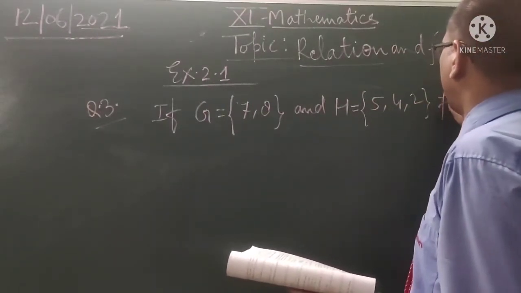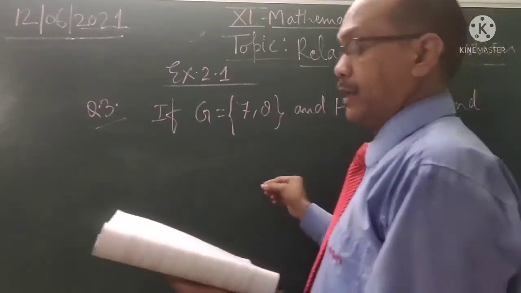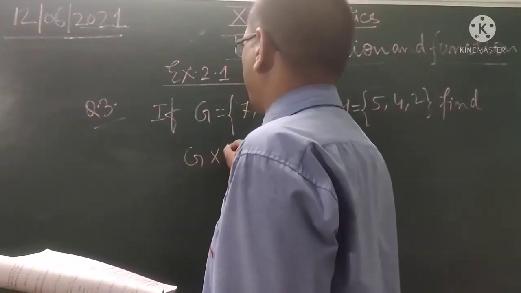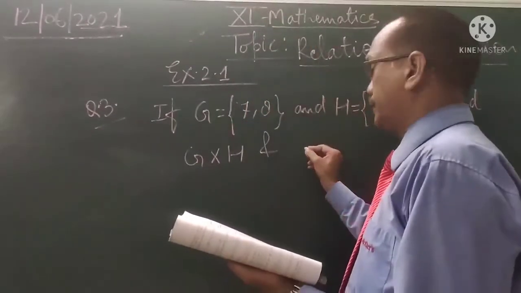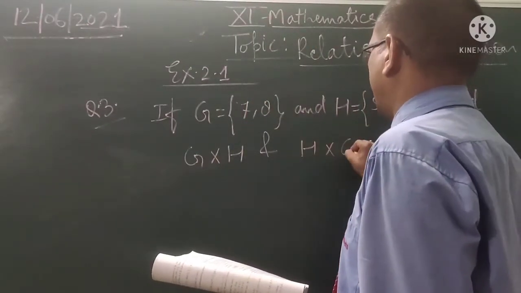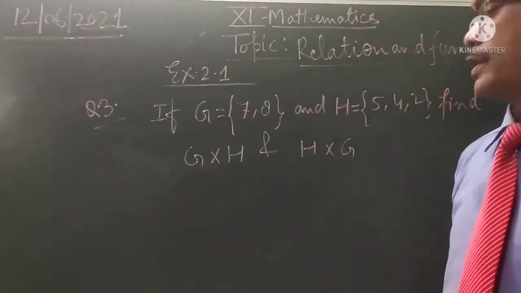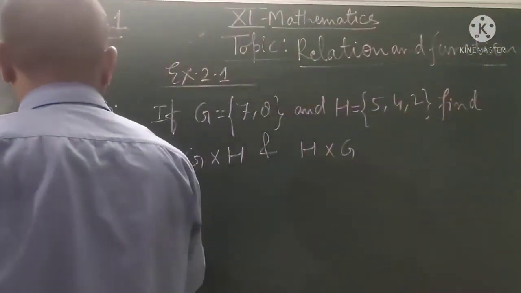Find G cross H and H cross G. Now see the solution.